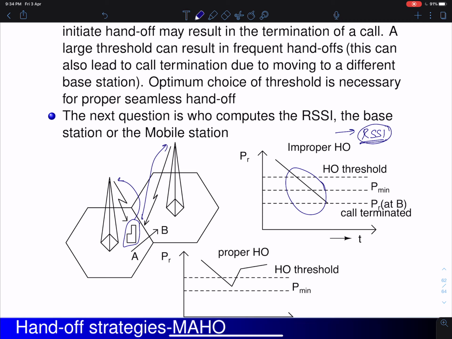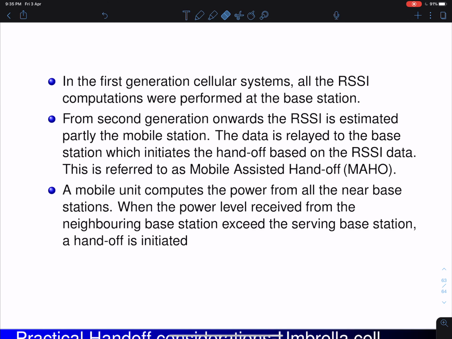But as I said, in the first generation of systems, your base stations used to do all the calculations. But as we move to digital communications, the first generation was an analog FM based modulation, an analog communication wireless cellular system.